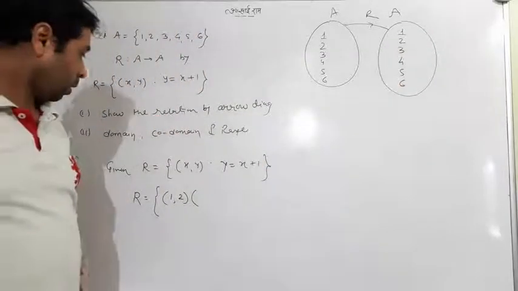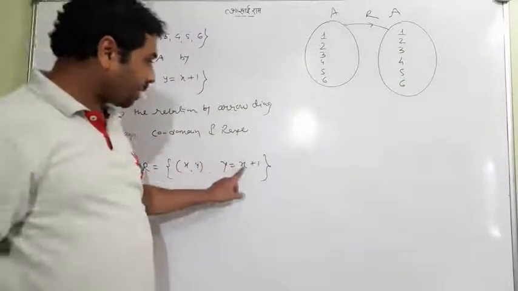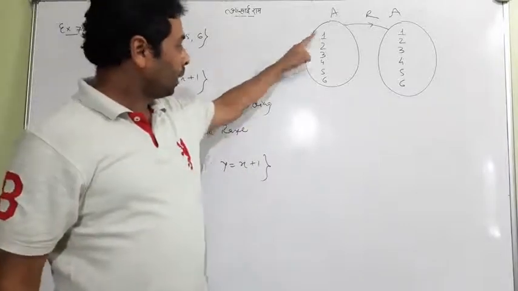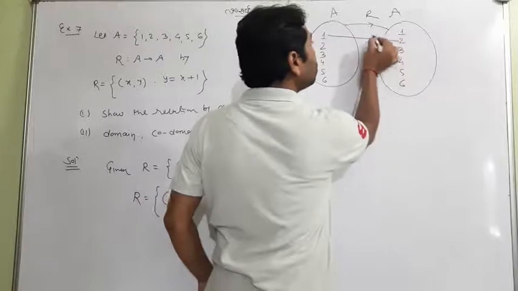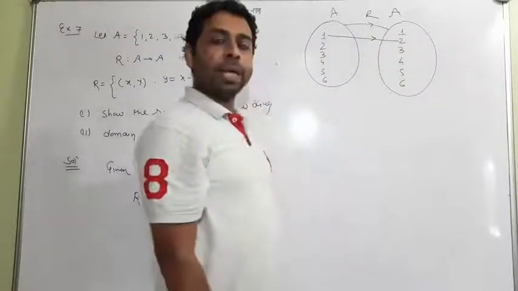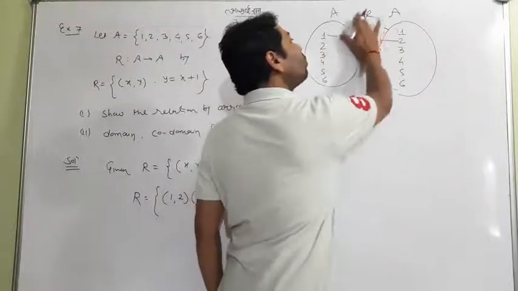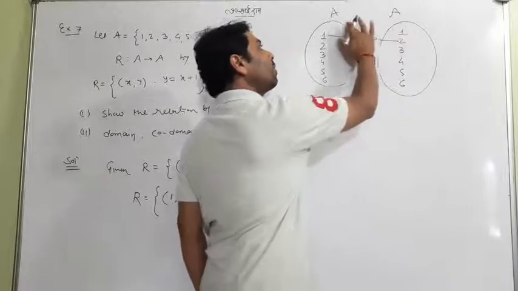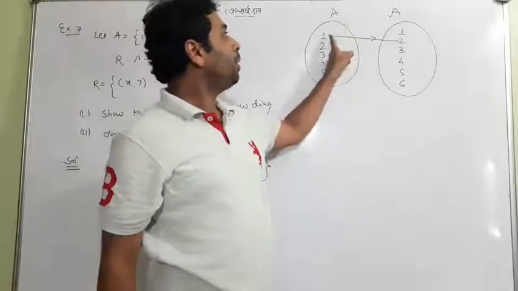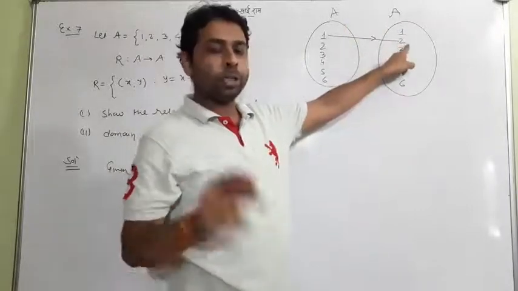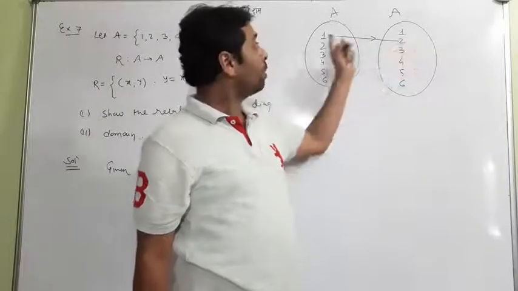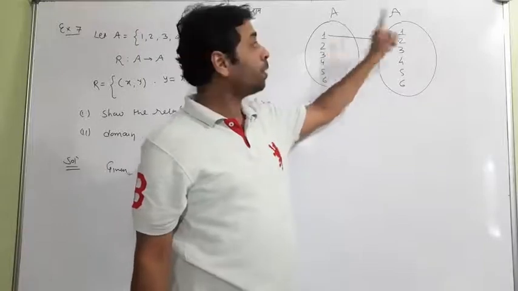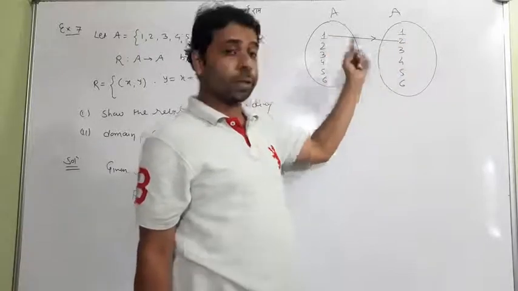If you put x = 1, you will get y = 2, meaning 1 is related to 2. If you don't want to write all, it is sufficient to write this: the image of 1 is 2. I'm using a very important sentence: the image of 1 is 2, and 1 is a pre-image of 2.